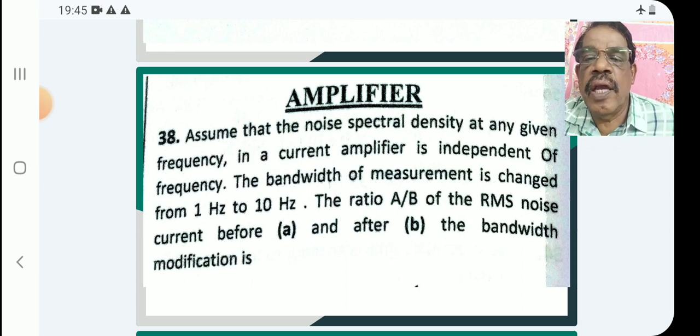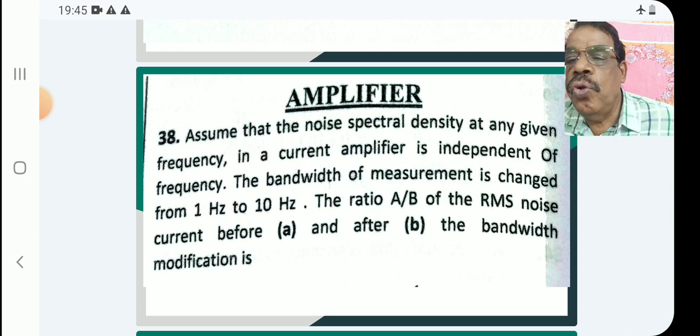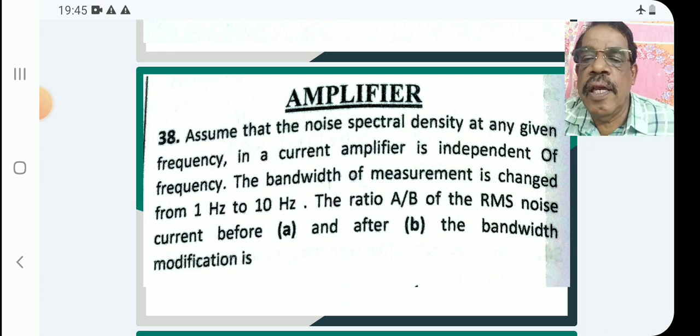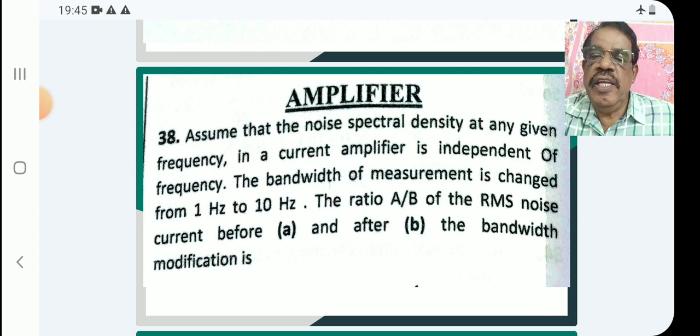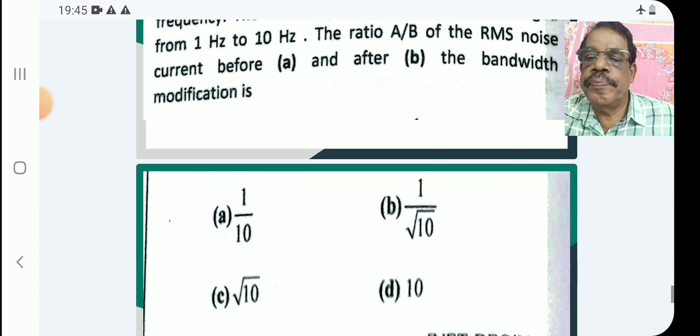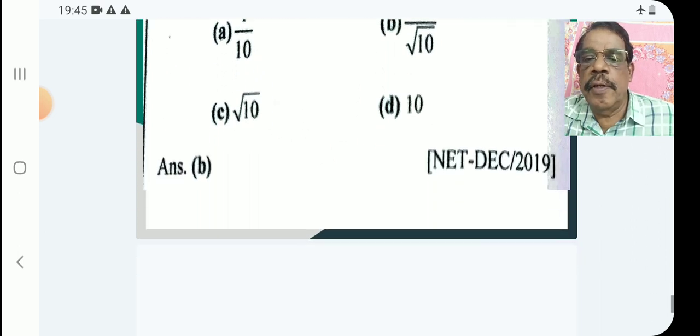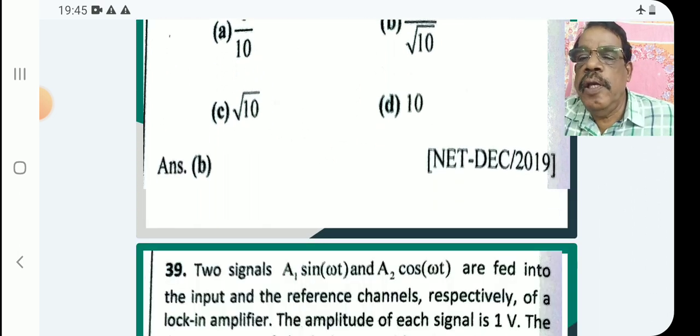The ratio A by B of the RMS noise current before and after, before case is A and after B. The bandwidth modification is 1 by 10, 1 by root 10, root 10, 10. Answer is B.